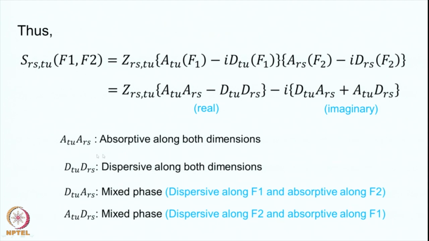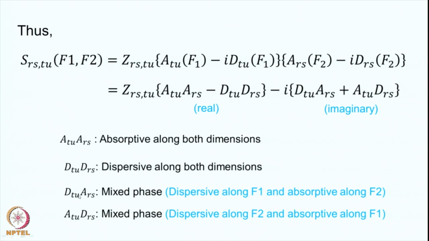Now ATU ARS, if you plot this, it will have absorptive line shape along both dimensions, and this will have a dispersive line shape along both dimensions. Now if you look at these two terms, this will have mixed line shapes.